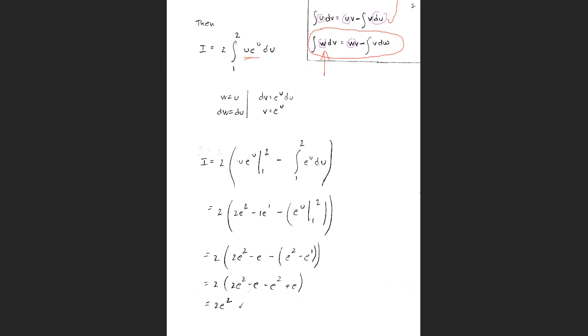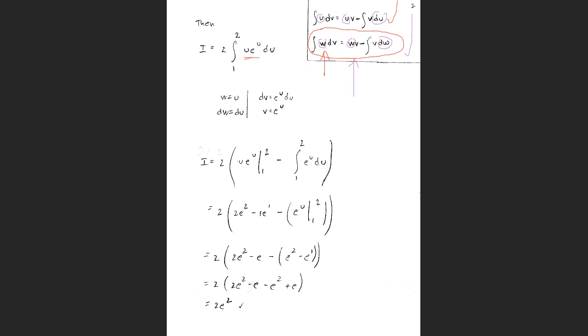du would become dw. Okay, so now this is an acceptable integration by parts formula. The integral of w dv equals wv minus the integral of v dw. That's acceptable.